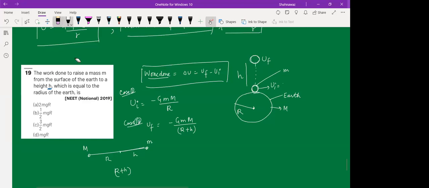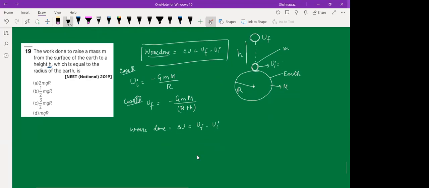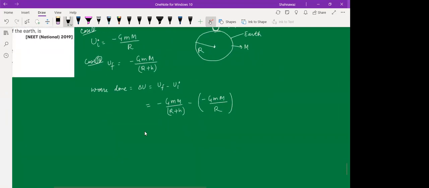Now we have to calculate the work done. So what would be the work done? This is simply the change in potential energy, final minus initial. So how much is that? Final is minus GMm by R plus h, and then this is minus of minus GMm by R. So this minus minus will cancel and become positive.